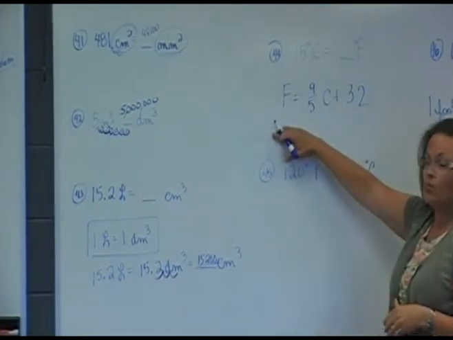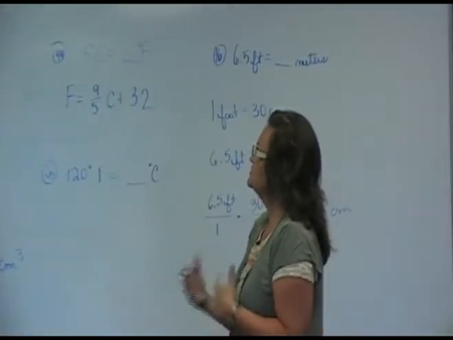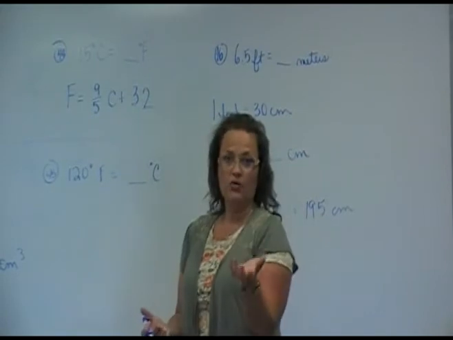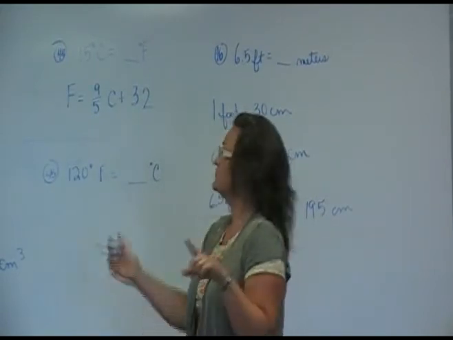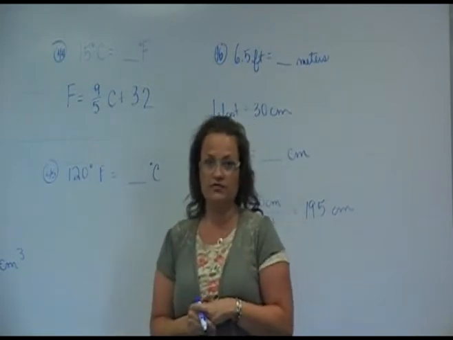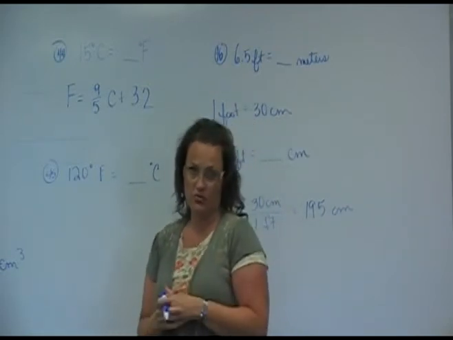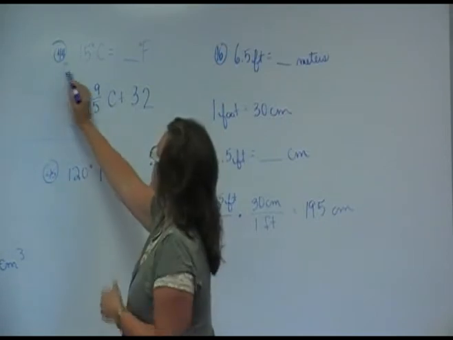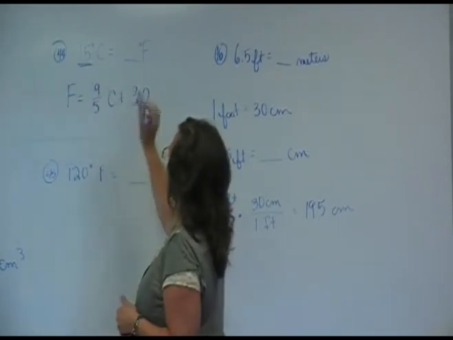Okay, number 44, 44 and 45 is using your Celsius scale. Now I will tell you on the test that this formula is given, so you won't have to memorize the Fahrenheit Celsius formula. So on number 44 it says convert 15 Celsius into Fahrenheit.